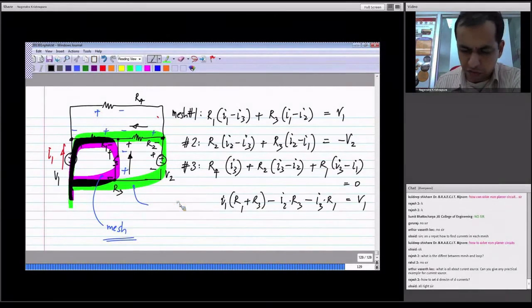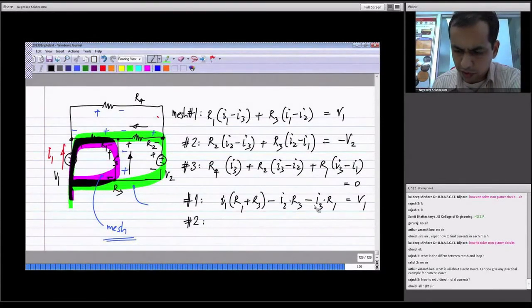And the equation for mesh number 2, that is minus I1 times R3 plus I2 times R2 plus R3, minus I3 times R2, that will be minus V2.